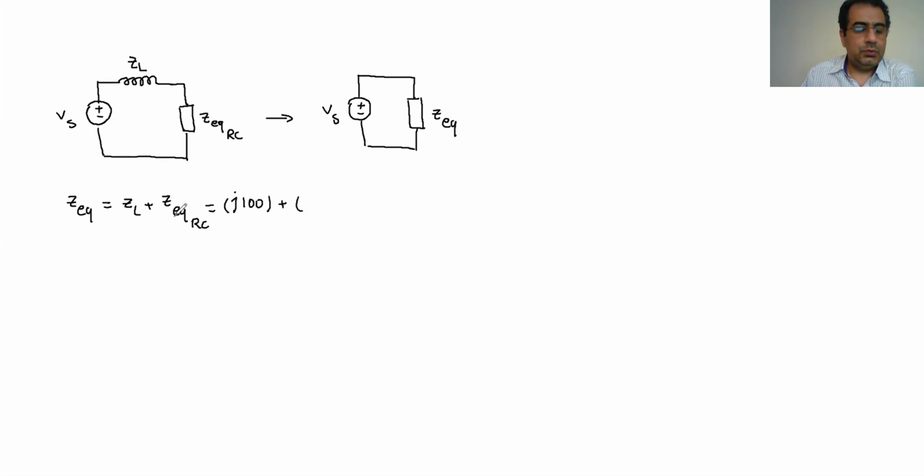And then the ZEQ that we found was 50 negative 50 J. So J50, which eventually will come out as 50 plus J50, or as I said, it's going to be 70.71 with angle of 45 if you convert it to polar format.